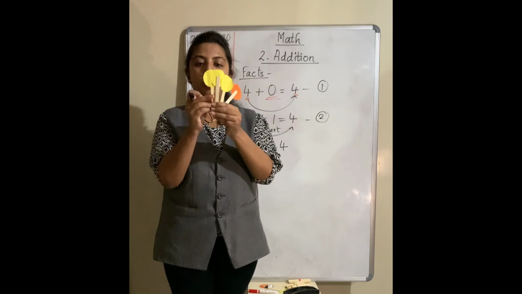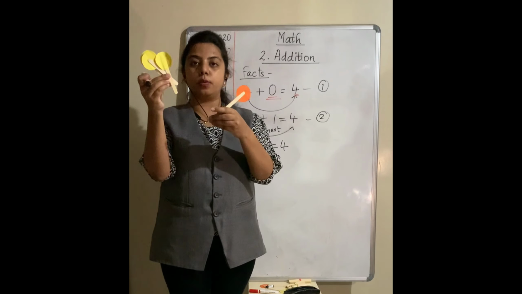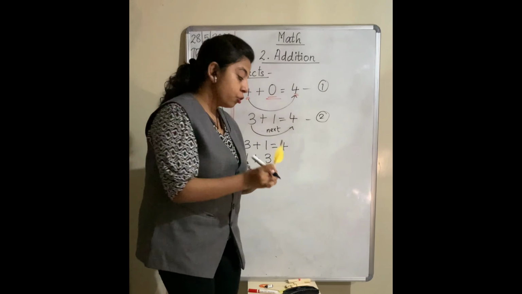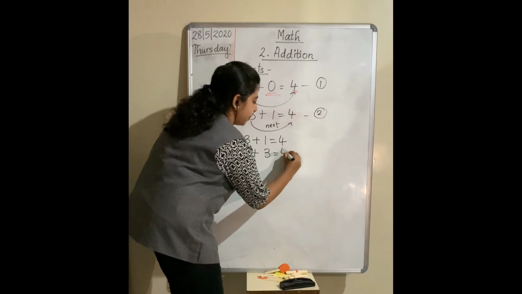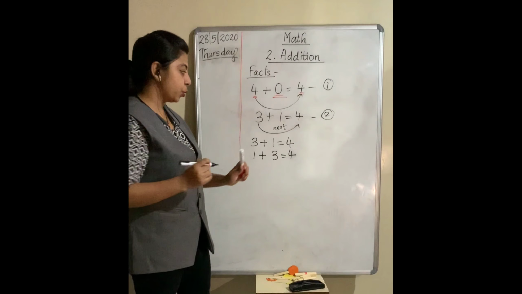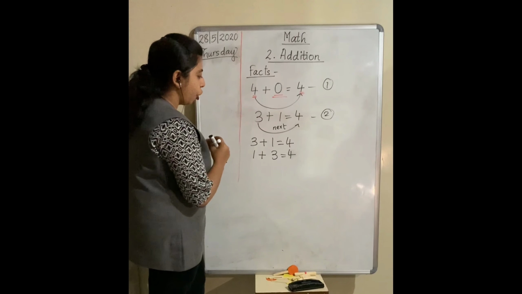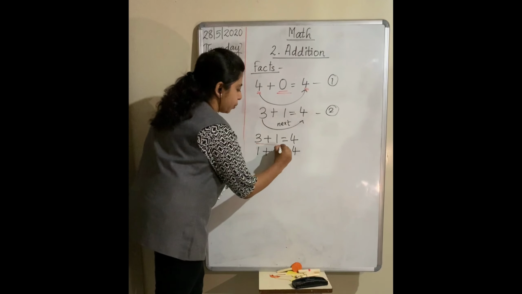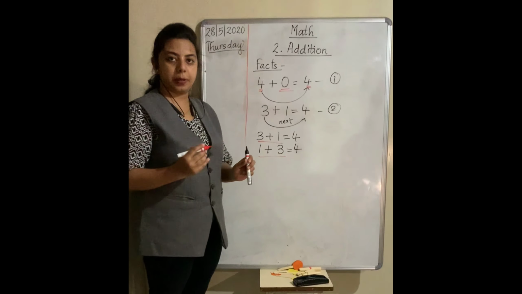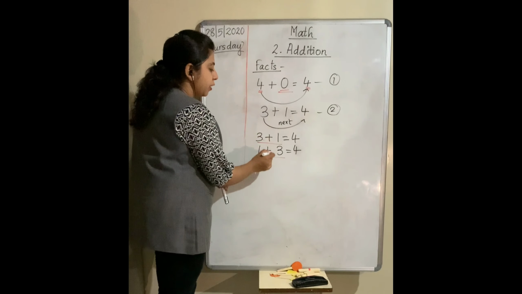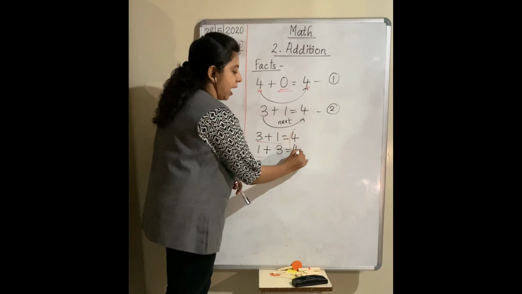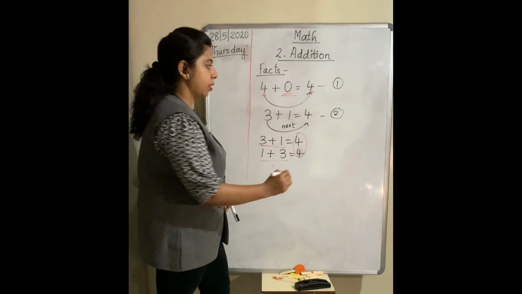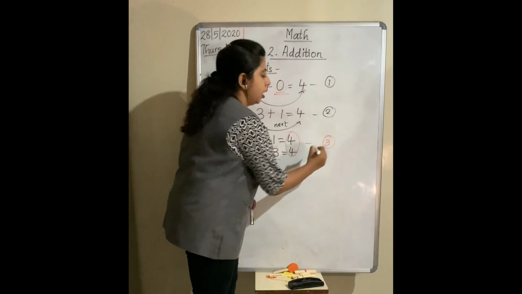I have 1, 2, 3 and 4. So yes, here my answer remains the same. Here I changed the order, that is 3 plus 1 and 1 plus 3. So even if we change the order, we have the same answer. So this is trick number 3.